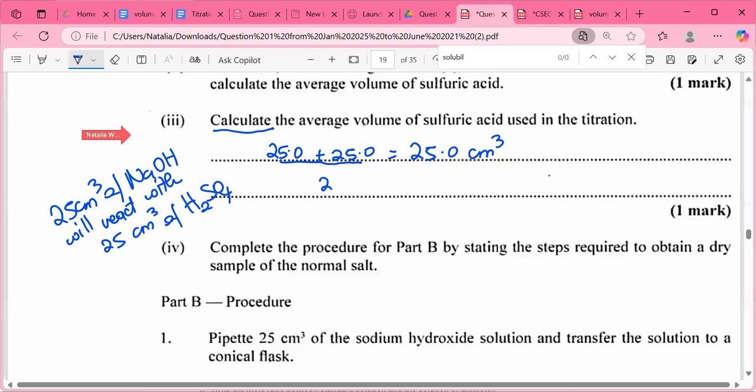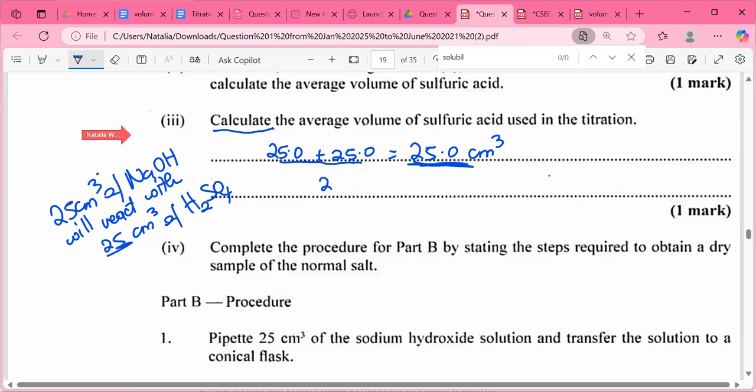Now, because I know the volume of sulfuric acid that is going to neutralize my NaOH, the purpose of repeating the titration is to find out the volume of the acid of the standard solution that will neutralize the solution of unknown concentration, right? So I know it is 25. So I don't need an indicator. In order to prepare a dry sample of the salt, I cannot use an indicator. If I use the indicator, the salt is going to become impure, right?